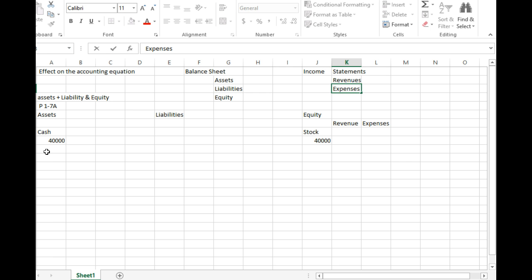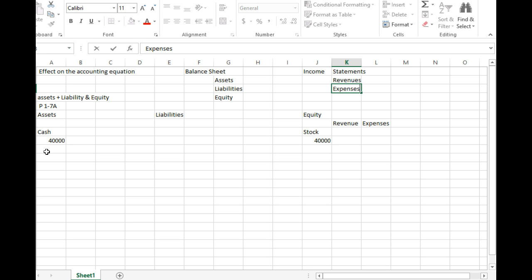Okay. So getting back to this, our next transaction was what? The company rented a furnished office and paid $2,200 for May rent, right? So what two accounts will get affected, and then how does that affect the accounting equation?